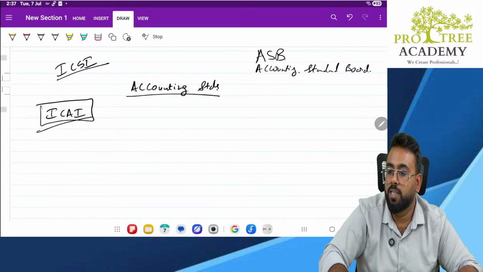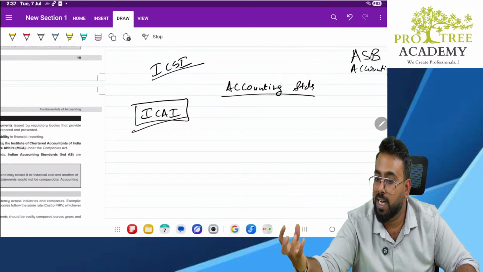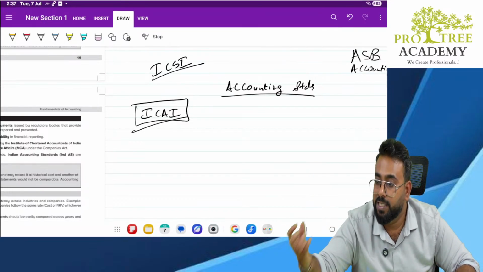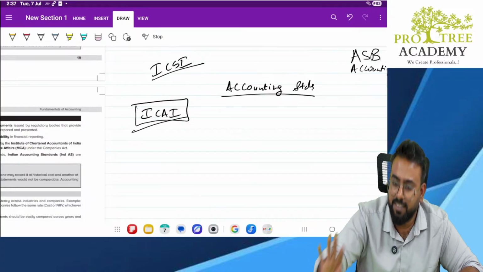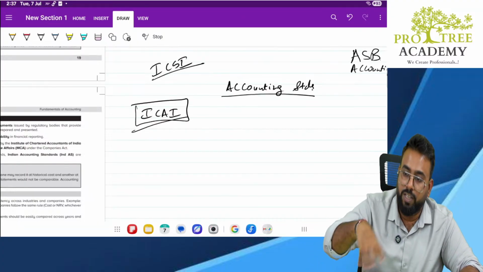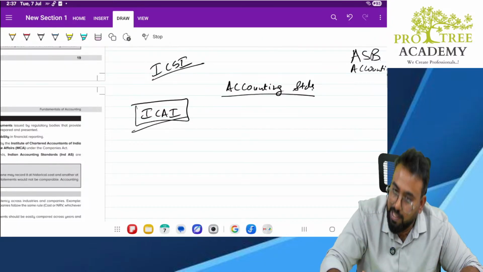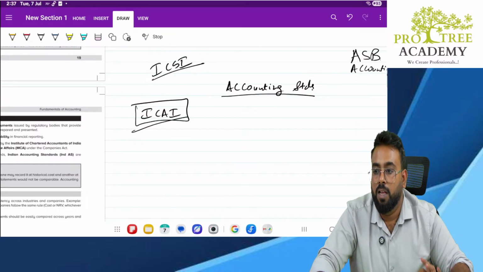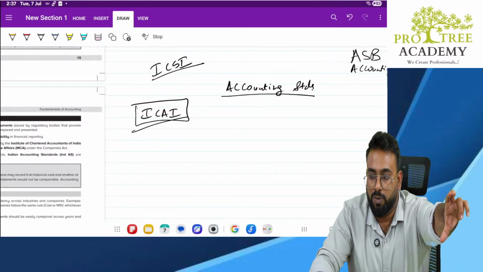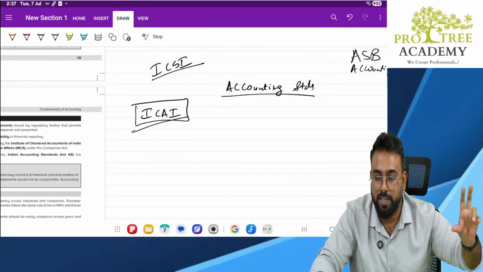So what this board does is form a study circle. What is a study circle, sir? Whatever you have assumed, that is the study circle, like two friends always sitting and studying together. Likewise, in the Accounting Standards Board, ICAI said we need an accounting standard in this particular area, and they told the ASB.